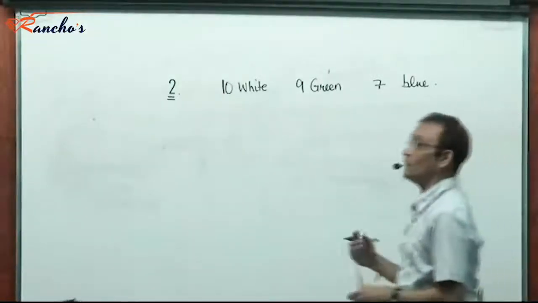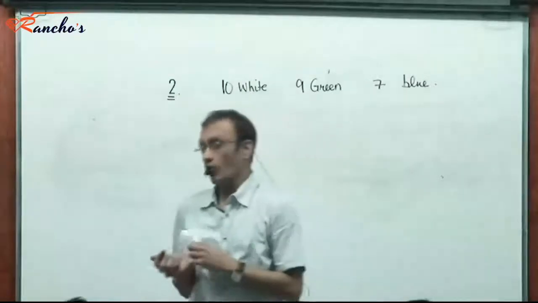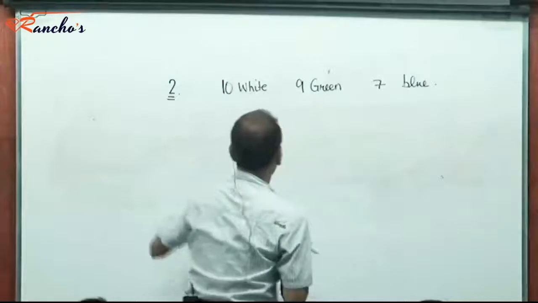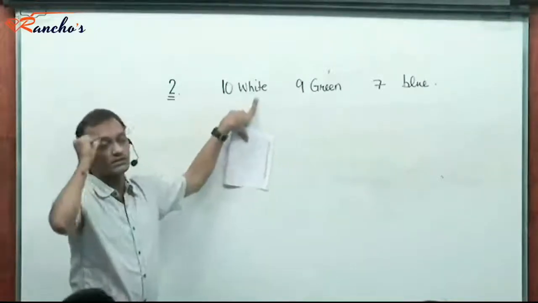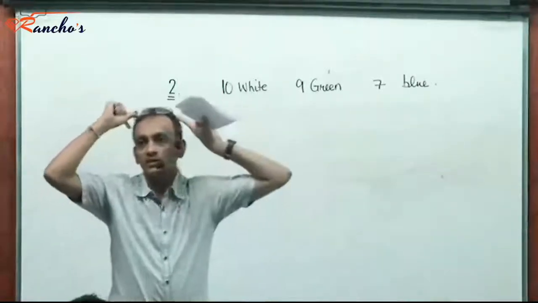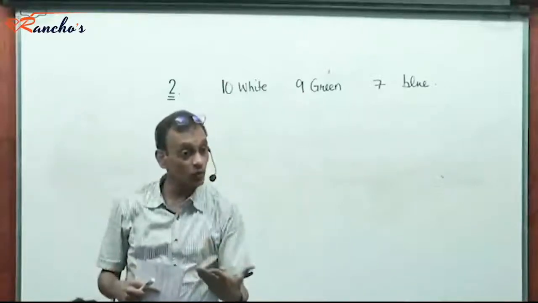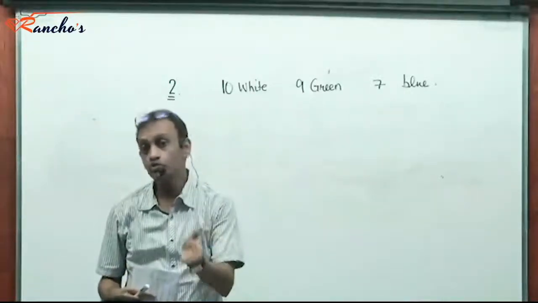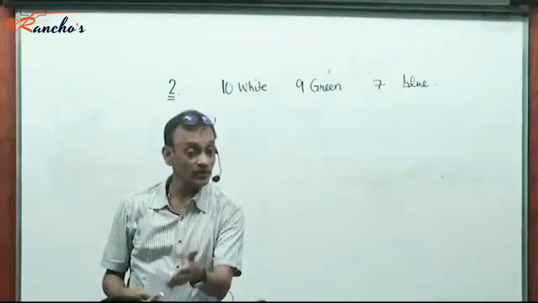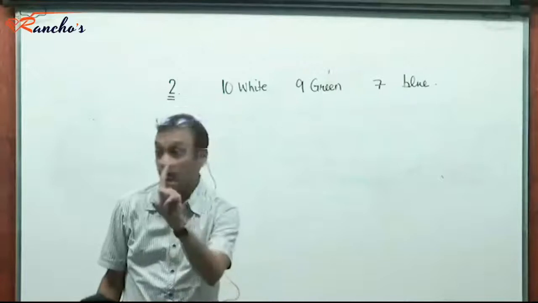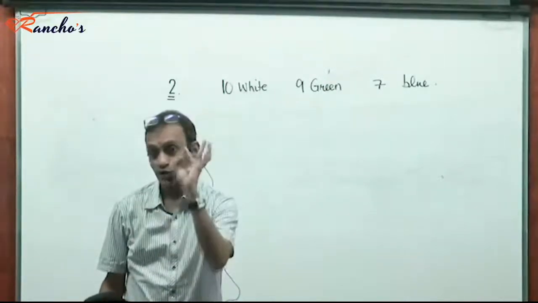Now, in our mode of selection of one or more balls from this, there are 10 white balls. It does not matter which white ball is being selected. I could select 0 white balls, 1 white ball, 2 white balls, 3, up to 10 white balls. That means, in how many ways can I deal with the white balls? 11 ways.